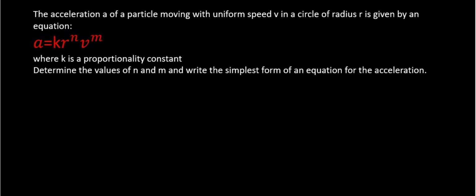Now let's look into this last question. So in the last question, what are they saying? They are saying that the acceleration of a particle moving with uniform speed v in a circle of radius r is given by an equation where k is a proportionality constant.